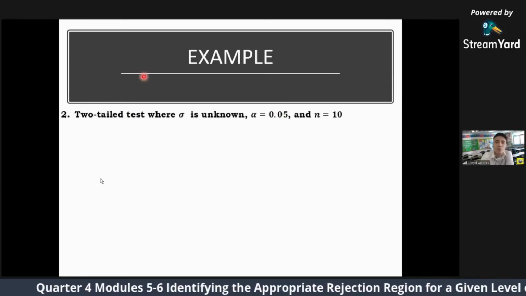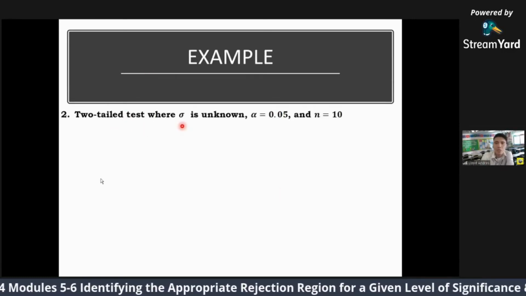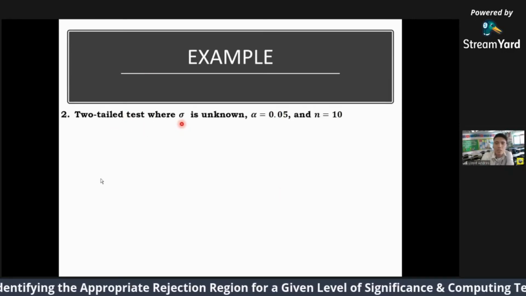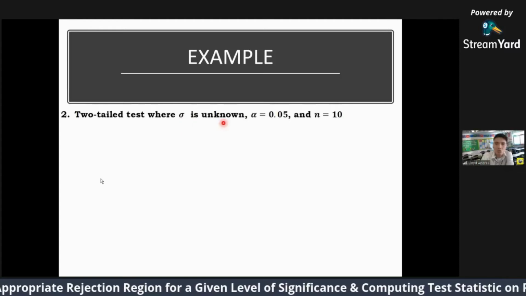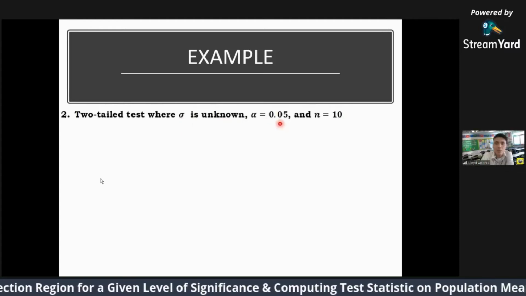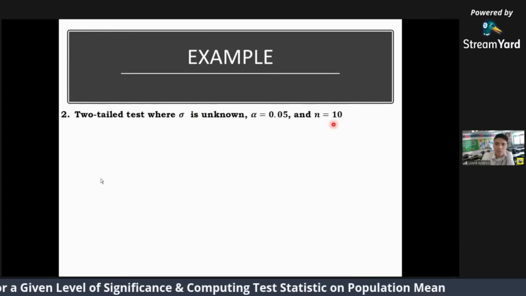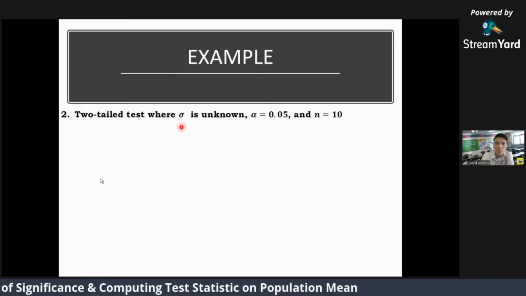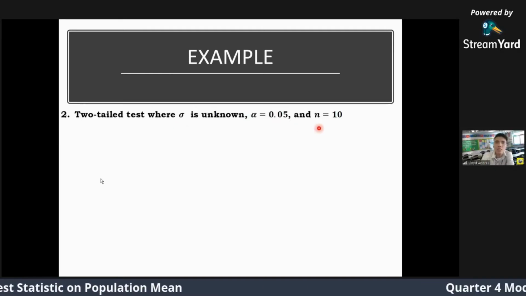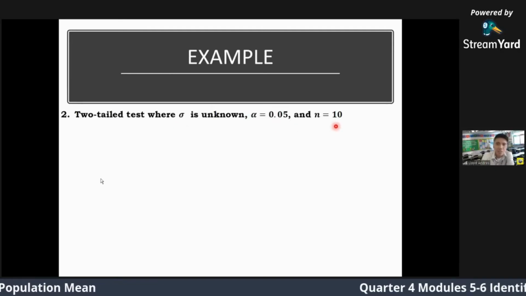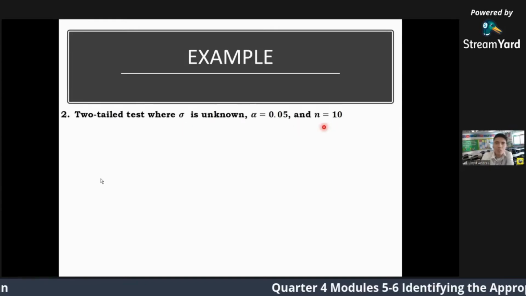Another example, two-tailed test where your population standard deviation is unknown. Your alpha is 0.05 and n nimo is 10. Since your sigma is unknown, at the same time sample size is less than 30, t-test ta ani. Mao ra man din tong bantayanan, di ba?